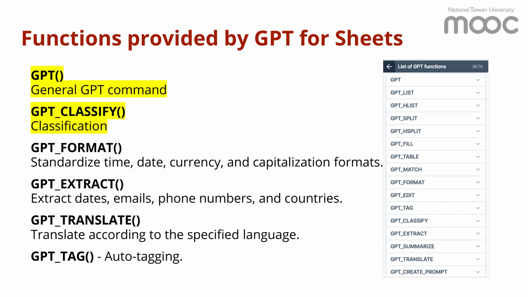When you use GPT classify function, there is no need to specify that you want to perform classification task. The prompt for classification is already written within the function. Just give it your data and categorize as input.